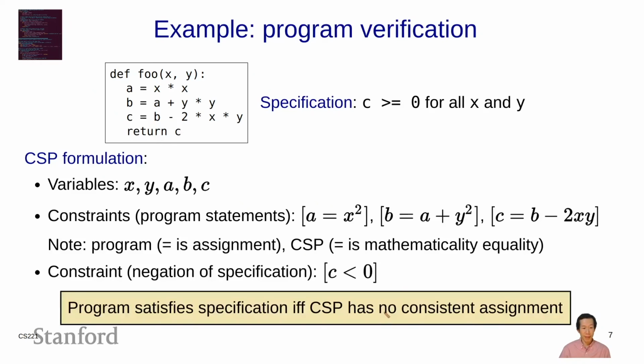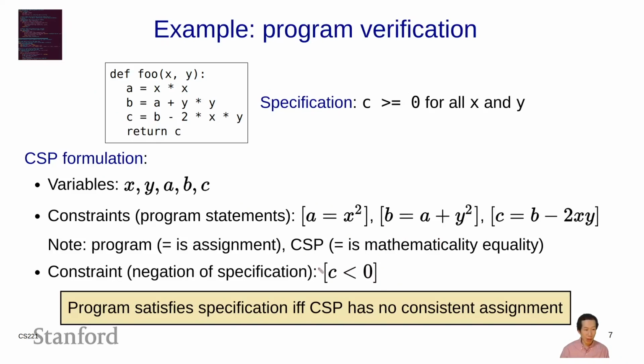There's a counterexample. But if we're not able to find any consistent assignment, if the CSP is not satisfiable, that means the program satisfies the specification. So it's maybe a little bit counterintuitive at first, but we're proving correctness based on the fact that the CSP has no satisfying assignments. One thing that's really cool and interesting about formulating the program as a CSP, and the fact that this mathematical equality is bidirectional, is that the CSP can reason in no particular order.